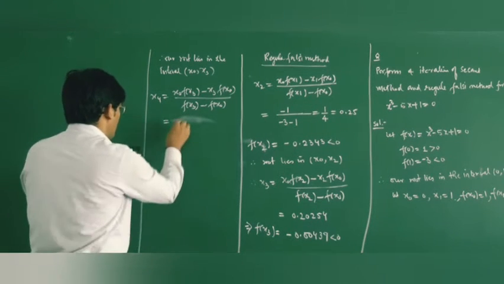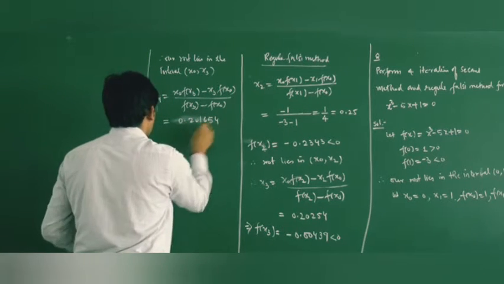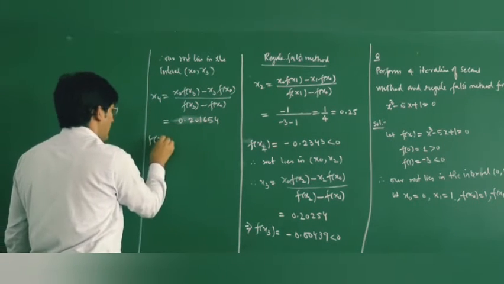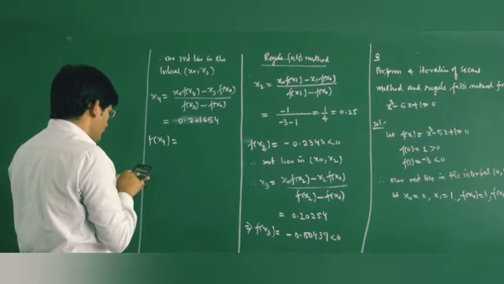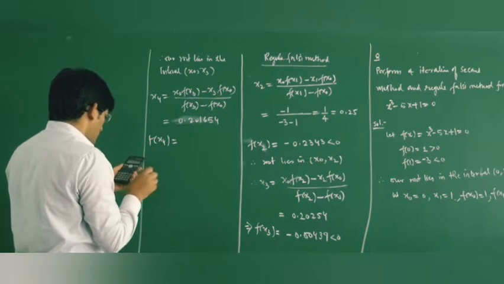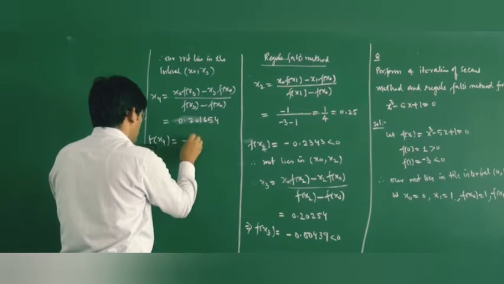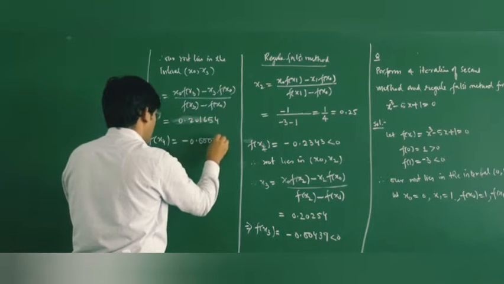So this is equal to 0.201654. Now at this x4, the value of the function is equal to 0.000698.